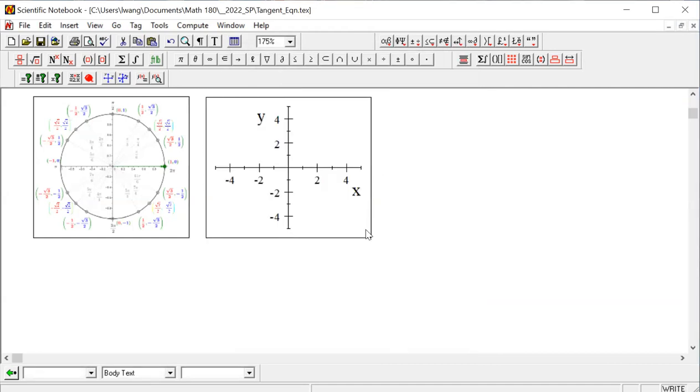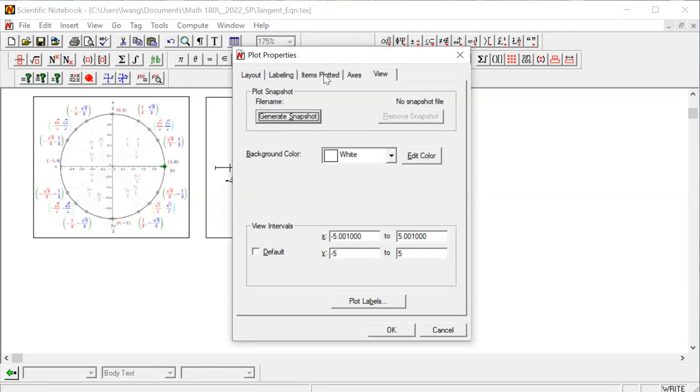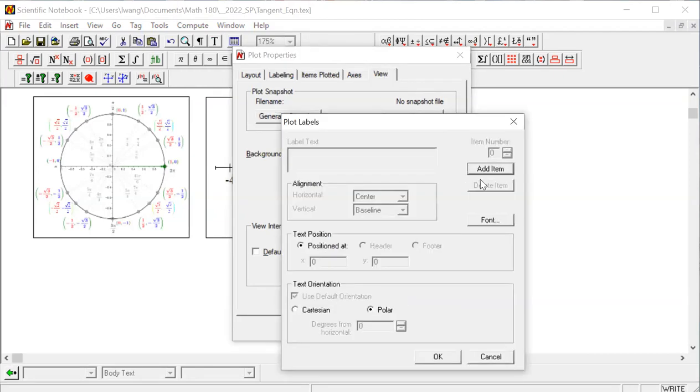So quadrant 3 and quadrant 2, just make sure we are reminded of that.